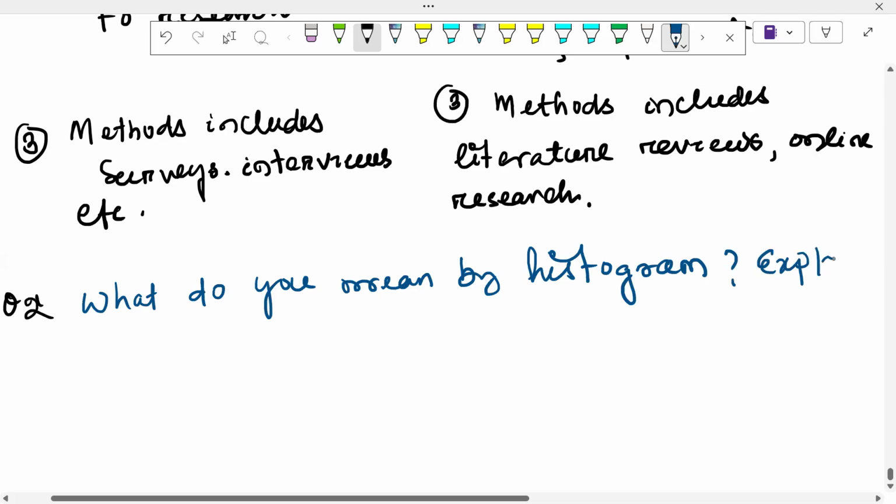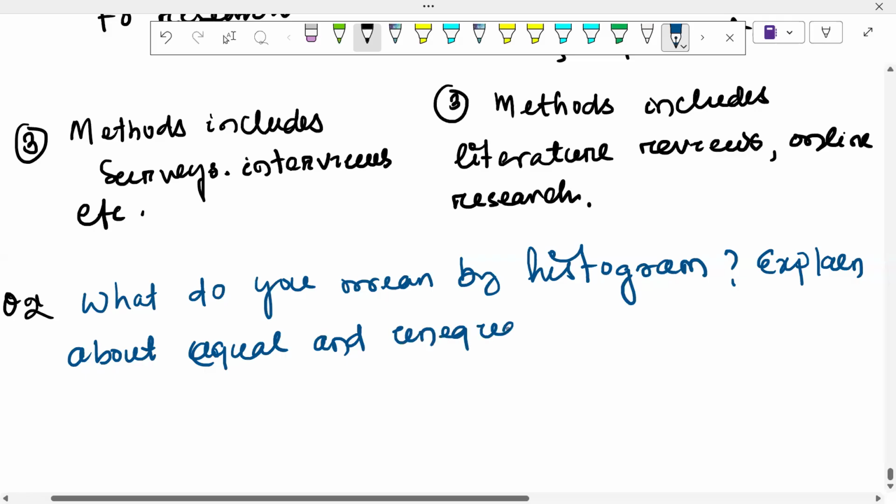Explain about equal and unequal intervals of histogram.